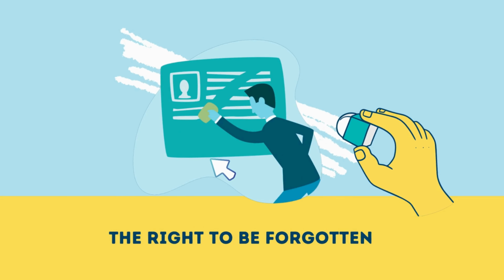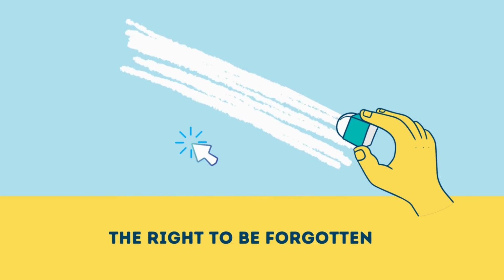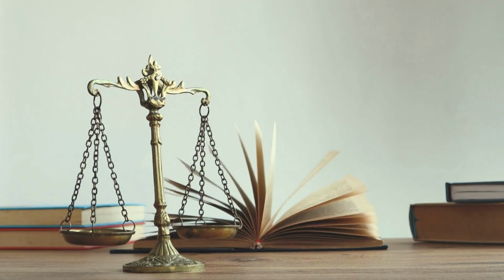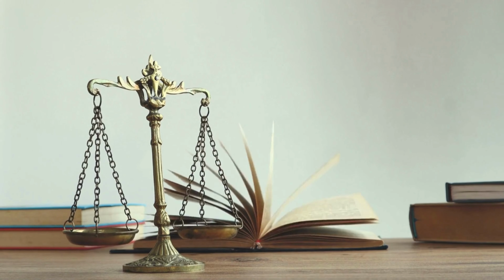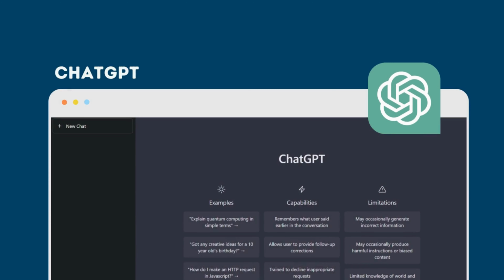In the EU, there's also another law called the Right to be Forgotten. This allows people to ask for their personal information to be removed from the internet. So if there's a post that you no longer wish to have up, you have the right to hide or delete it. But even with these regulations, there are many legal loopholes that can put users' privacy at risk.